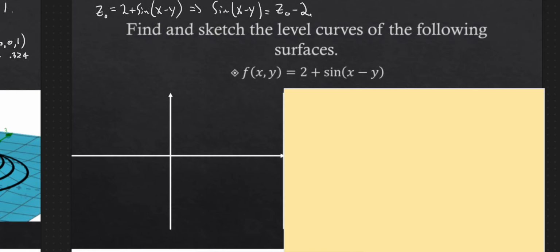Remember, sine of anything, sine of u, let's say, is always between -1 and 1, for any u, right? That's how our sine function works. So what that tells me is this output has to be between -1 and 1. So this tells me that z naught minus 2 has to be between -1 and 1.